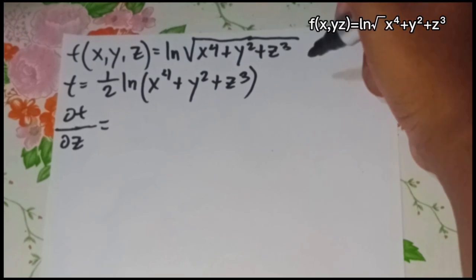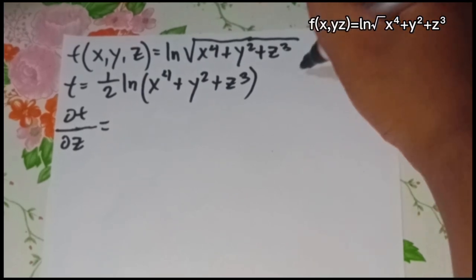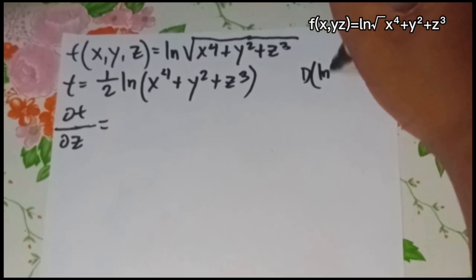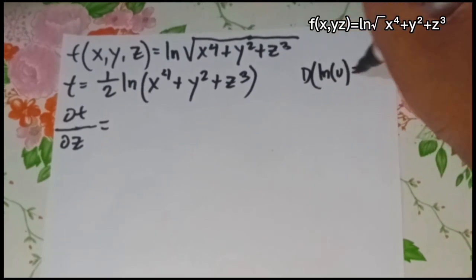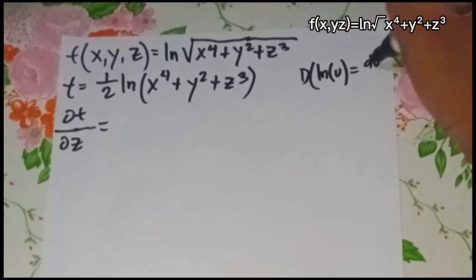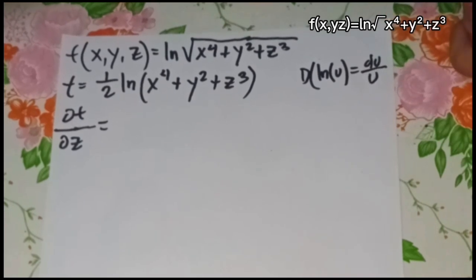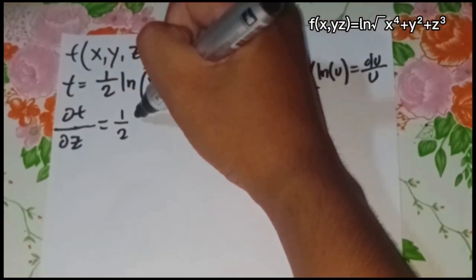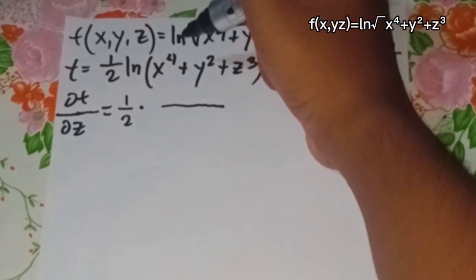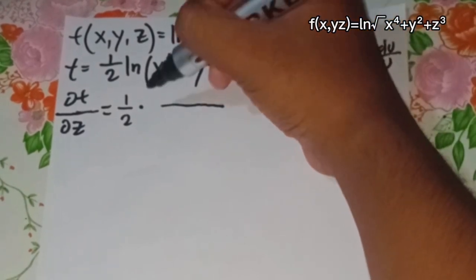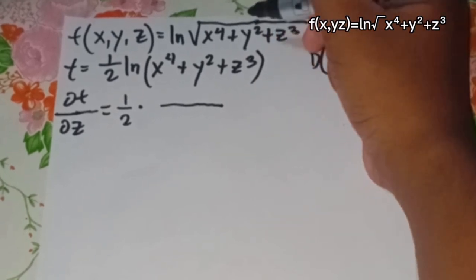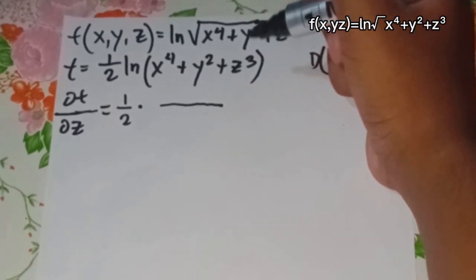So we're using the formula: the derivative of ln u equals du over u. So 1/2. The derivative of x raised to 4 with respect to z is 0. And the derivative of y squared with respect to z is also 0.